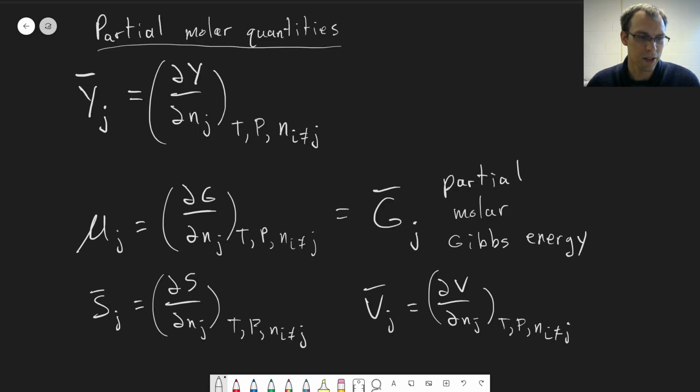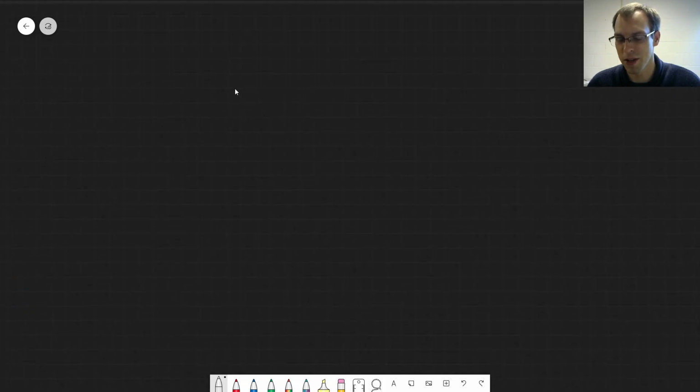And let's go ahead and illustrate how this works. So we'll look at a few specific examples of how we could write the total Gibbs energy for a mixture.